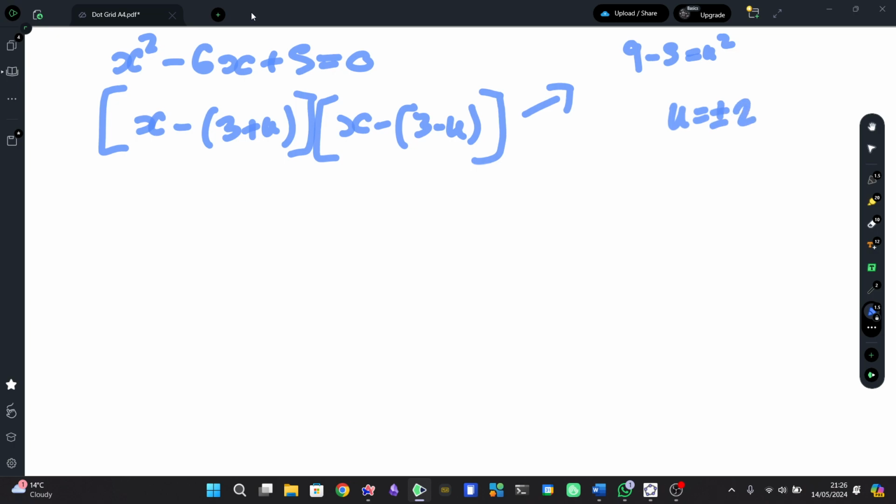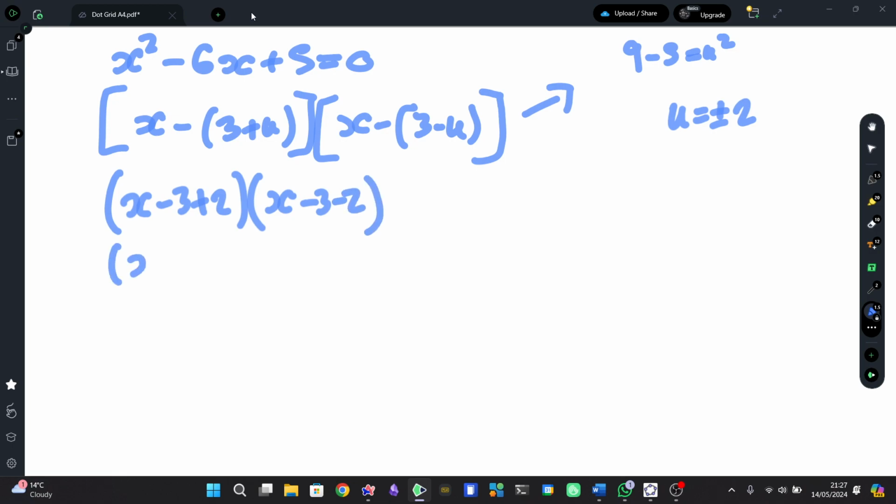So we got x minus 3 plus 2, and x minus 3 minus 2, which is equal to x plus 1, x minus 5.